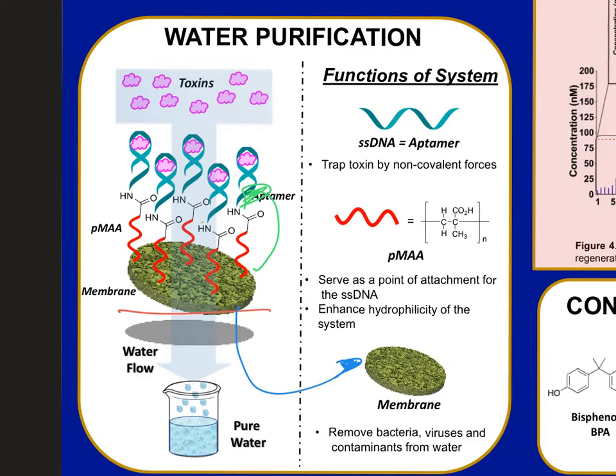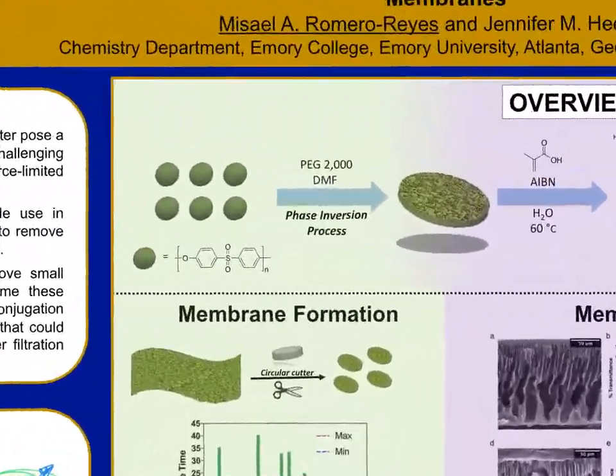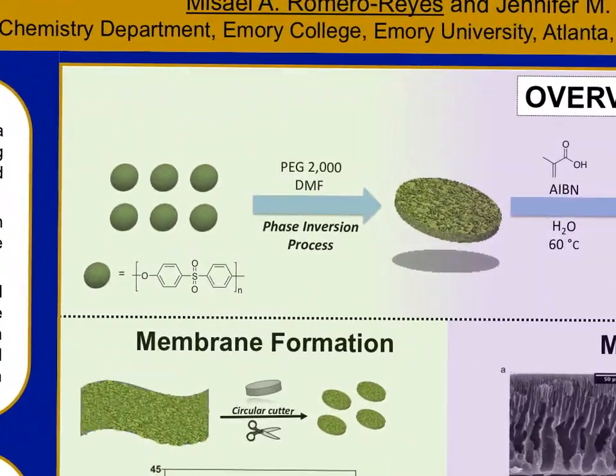And my whole PhD has been developing this proof of concept of attachment of aptamers to the membranes. So I'm gonna walk you through how I do that. I start with a hydrophobic polymer, in this case PES, and then by phase inversion process, I am able to transform it into a membrane.